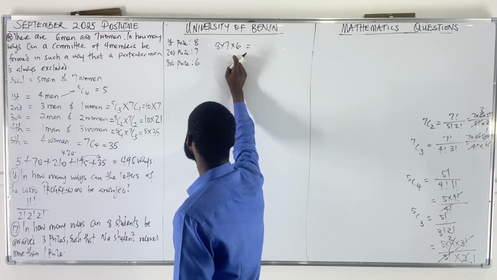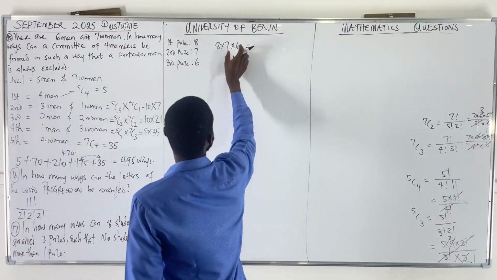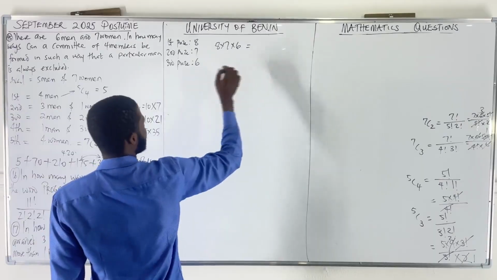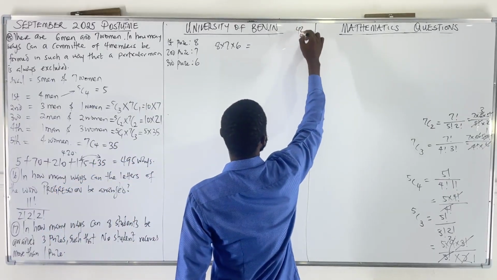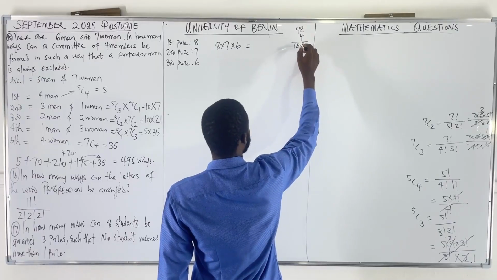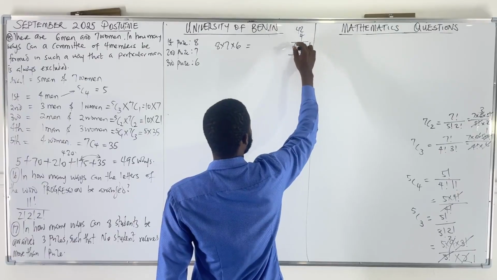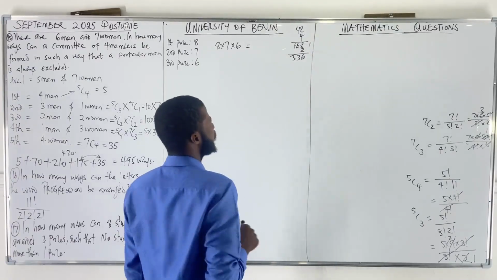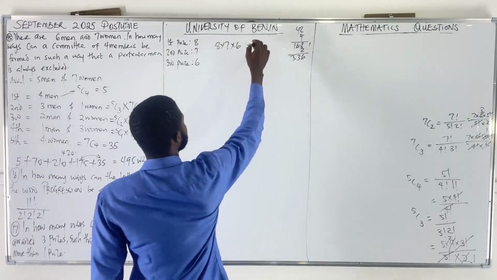So this is 56. 56 times 6. So 56 times 6 is 336.